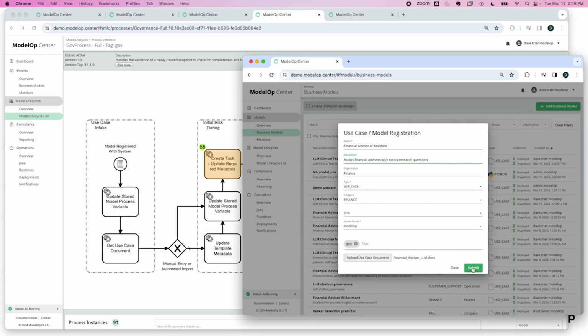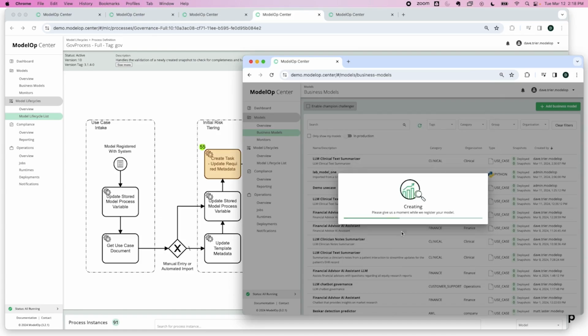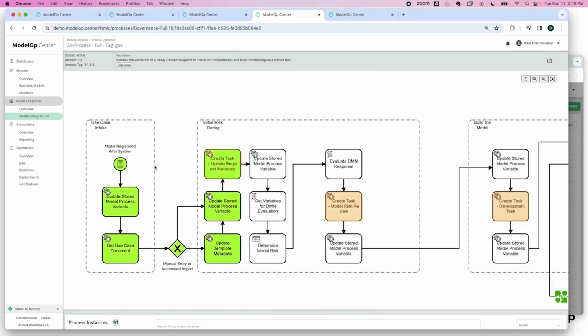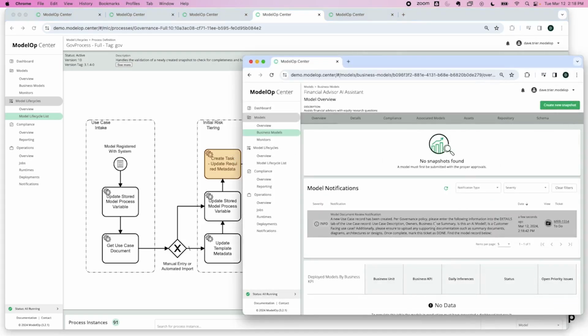Let me go ahead and submit that to ModelOp so we can track it. And you can see automatically this governance process has recognized that there's a new AI use case or system that's being proposed. And the first step in the governance process, again, requires that we determine the appropriate metadata. And if there's any metadata missed, it prompts you to go ahead and provide that.